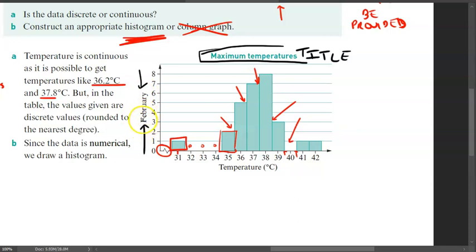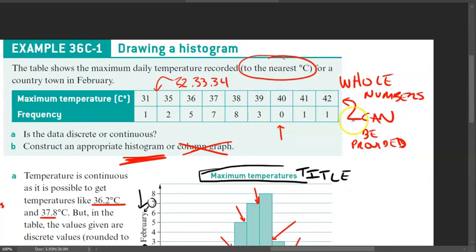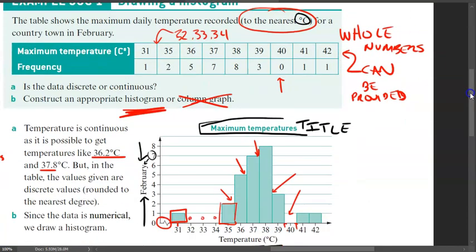How many days within February was there 37 degrees? There's 7 days within February. And you'll also notice that the context of the numbers on the bottom has to do with temperature, because that was in the question, to the nearest degree Celsius.